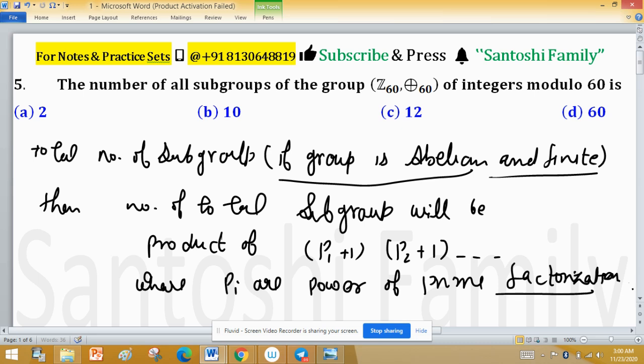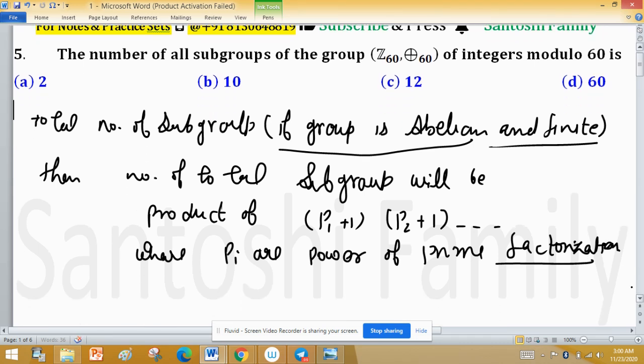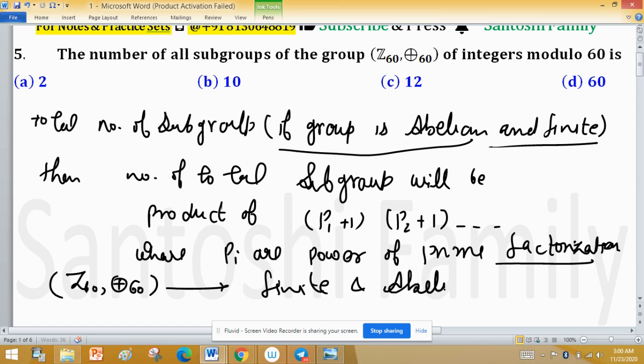Now let us understand what it is. This is Z60 over integer modulo 60. Is it finite? Yes, finite. And abelian? Yes. So we can apply this theorem or statement here.